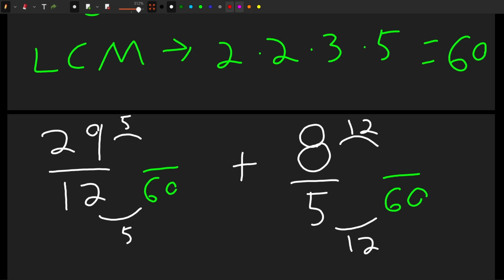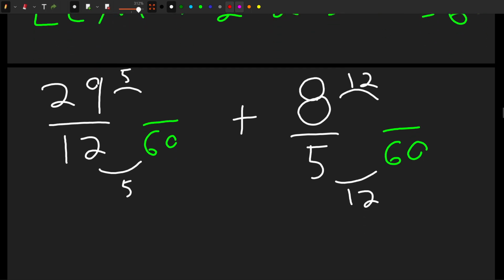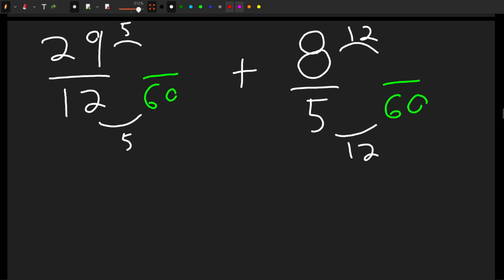29 times 5. Alright, let's do some math. So, if we haven't already been doing math. 29 times 5. 5 times 9 is 45, so I'm going to write down a 5, carry the 4. 5 times 2 is 10. Adding the 4 back, I'm going to get 145.